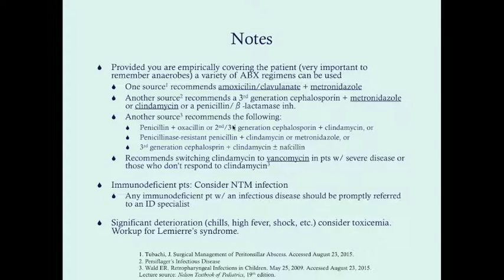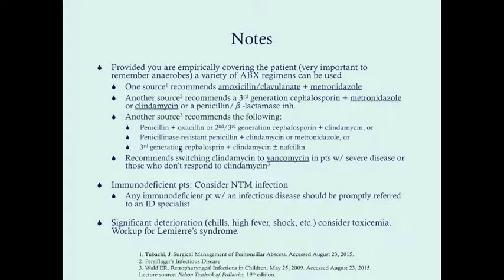Another source recommends the following. You can use penicillin plus oxacillin. Okay, so this can be confusing. So penicillin plus one of these two, oxacillin or second or third generation cephalosporin, plus clindamycin to cover the anaerobes. Or you can use a penicillinase-resistant penicillin plus clindamycin or metronidazole.